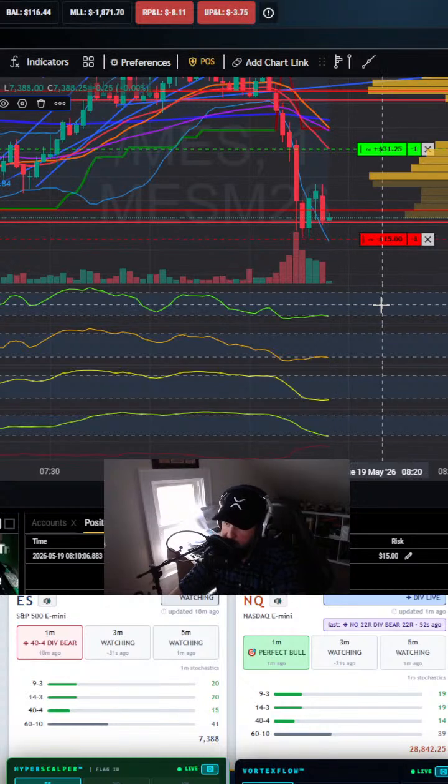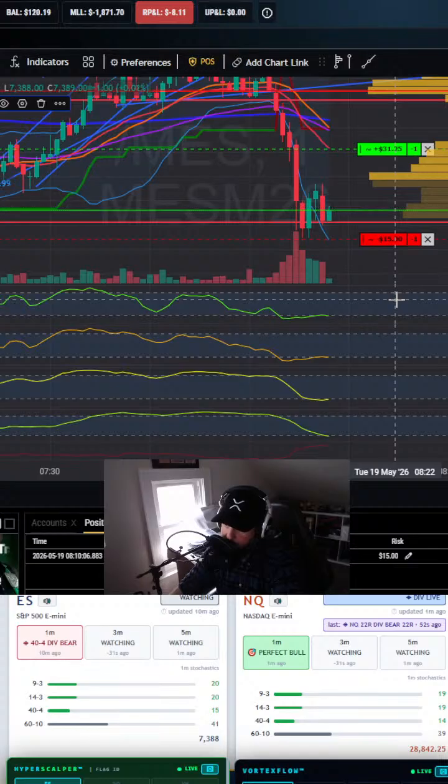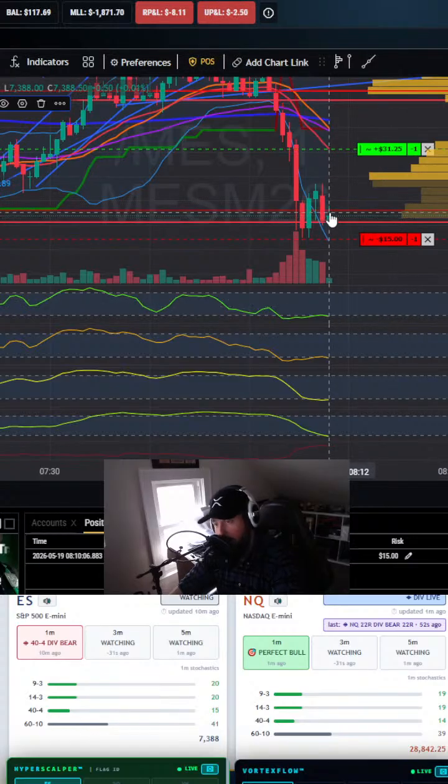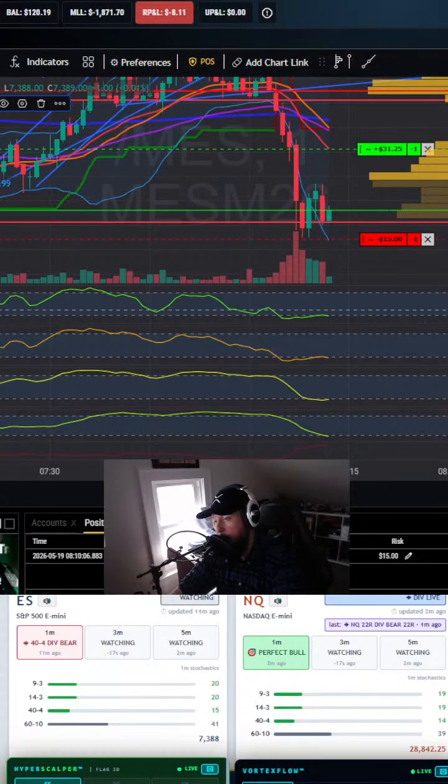Wants to bounce off that resistance zone one more time. If we can't get this green candle to close above this or pretty close to this red candle here, I'm inclined to take the trade off, because that's just going to indicate more downward pressure, more selling. But if it closes above, we'll stay in.